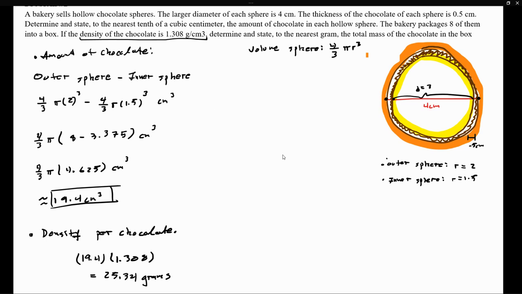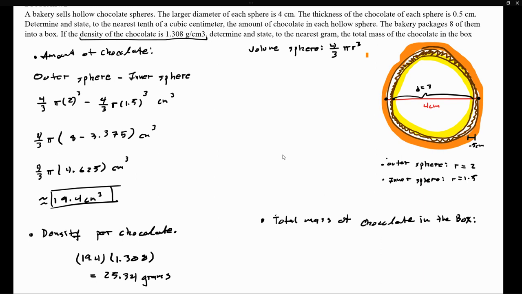Well, if the bakery packages 8 of them in a box, and we want to answer the question, the total mass of chocolate in a box, we know that for every chocolate, 25.34 grams of chocolate are present, and there are 8 of them in a box.